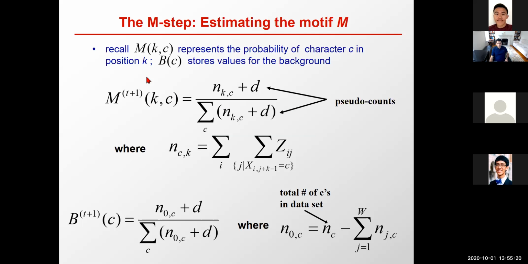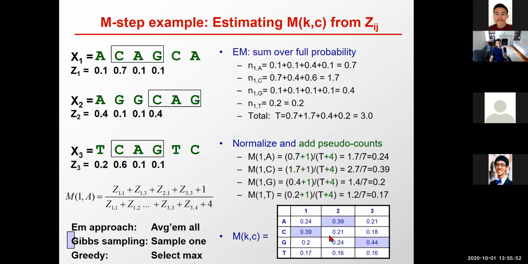And then at the next iteration, we have the number of occurrences of that character at that position divided by the sum over all characters, where NTK is simply the number of occurrences where the Zij vector actually matches that motif, where the X at that position is that position of the motif. And the background is simply a uniform background distribution, which tells you the total number of characters in your data set.